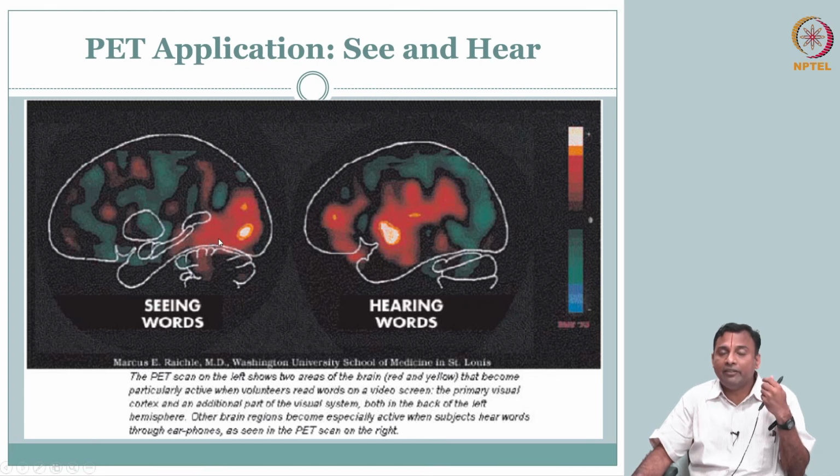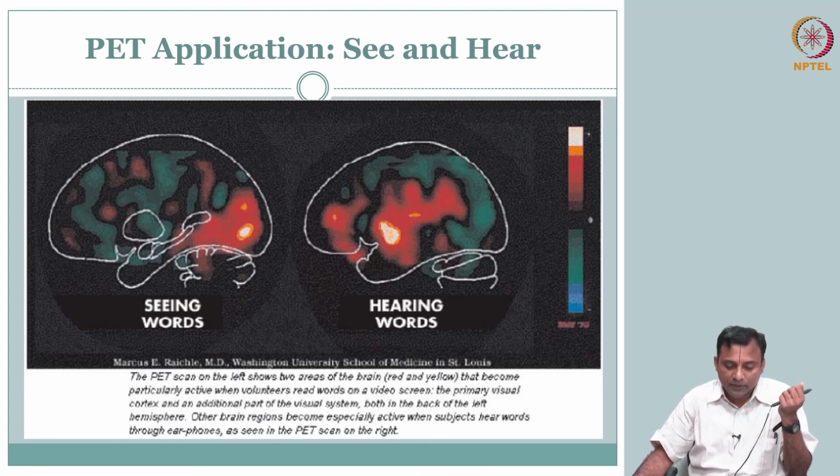You can give radioactivity, you can see where high metabolic activity happens. So when I am reading, a different part of the brain is active, when I am listening, a different part of the brain is active, I can actually see where it is. These are very powerful, very beautiful modalities from a functional imaging perspective.